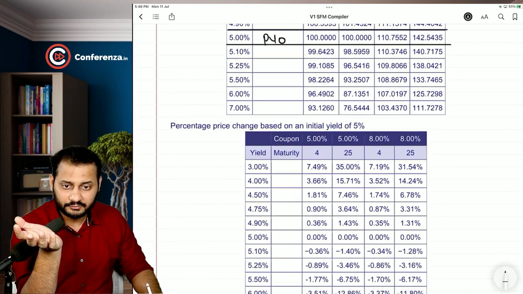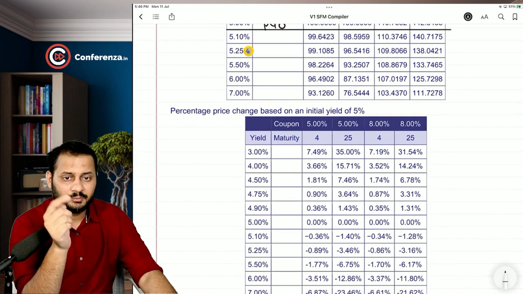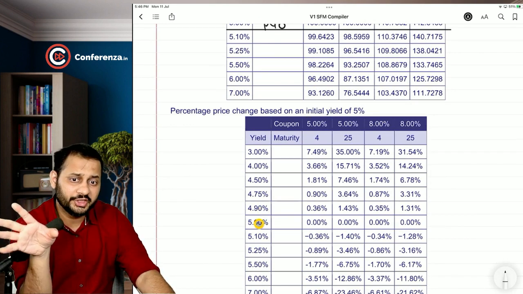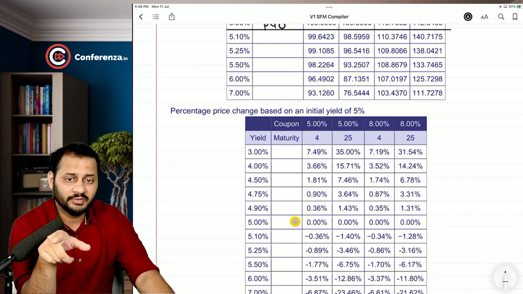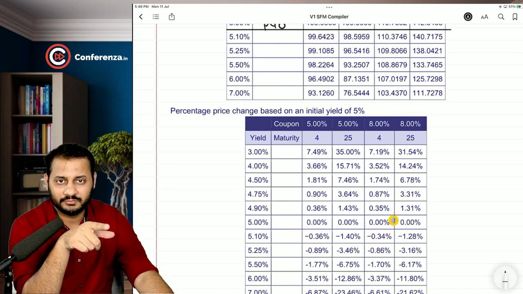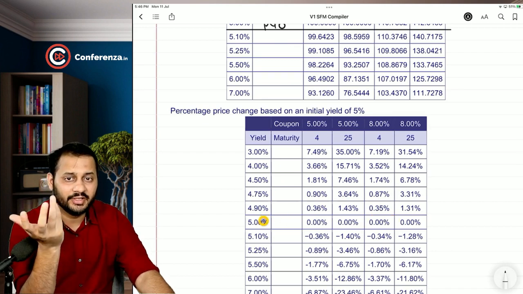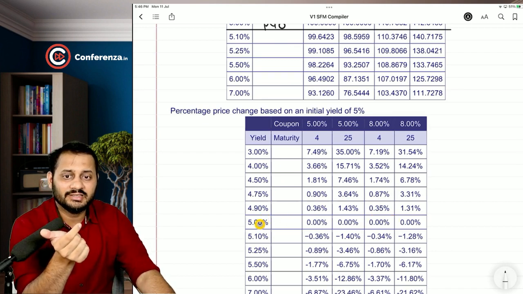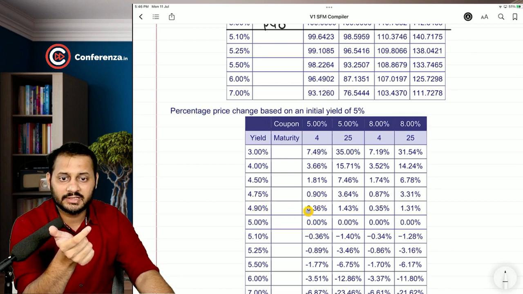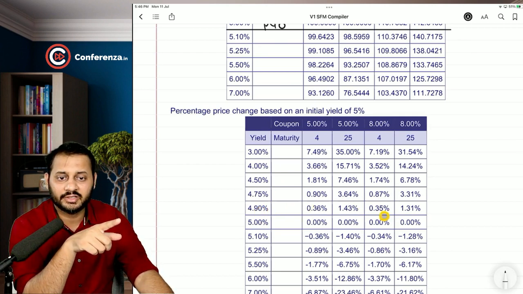Suppose the YTM is changing from 5% to 5% only. That means if there is no change in the YTM, there is no change in the market price also. But how to read it? If the YTM is decreasing by 0.10%, the market price will increase by this much percent in every bond.